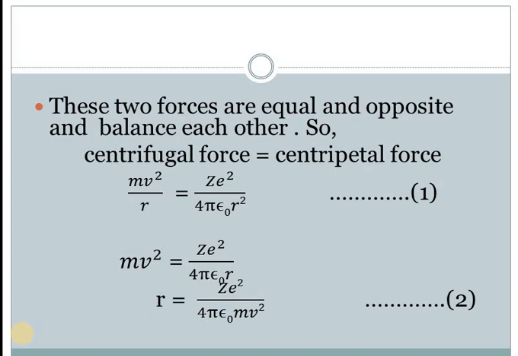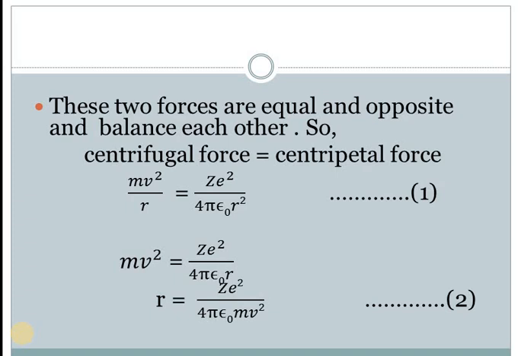If we take this r to the other side of the equation, we get mv square is equal to Ze square by 4 pi epsilon naught r. r square is changed to r because when we move it to the other side, it comes in the denominator. So the r's cancel, and only one r or radius is left behind.